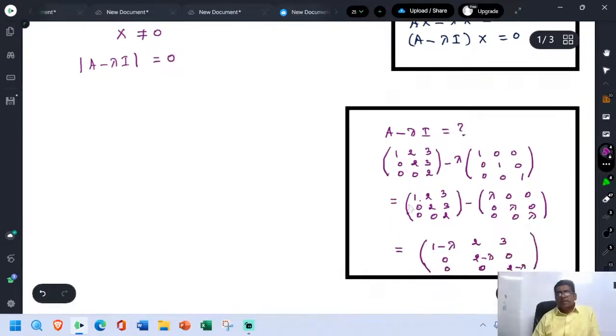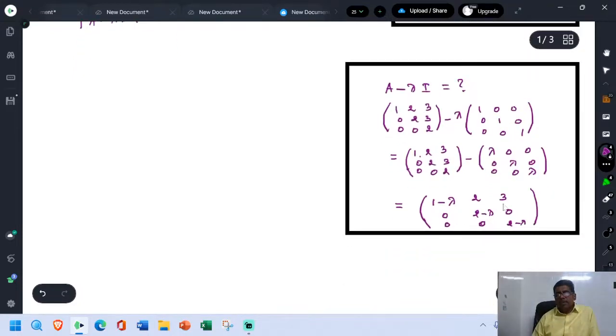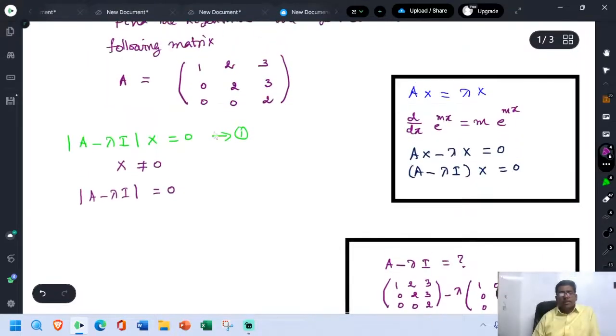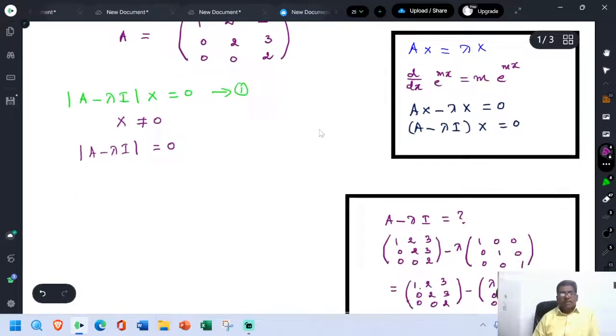Here I is the I3 matrix. If you carry out the operation, it is just matrix multiplication, so you just have to subtract lambda from the diagonal elements.